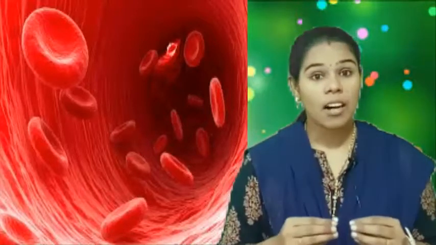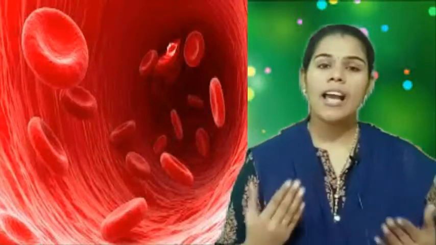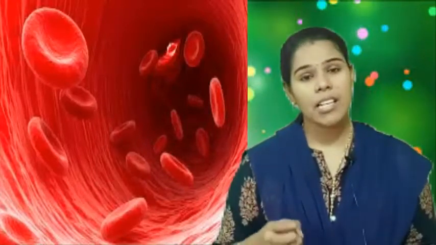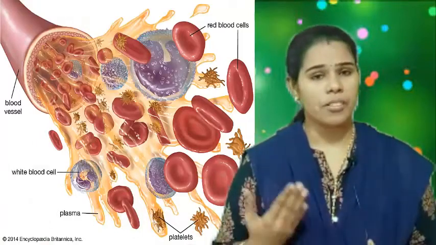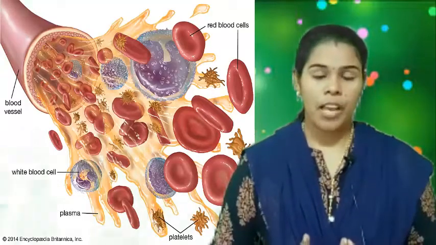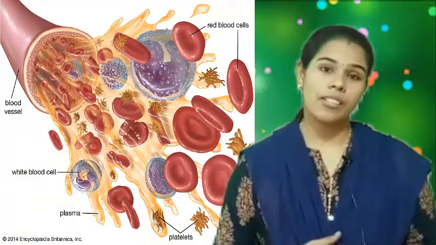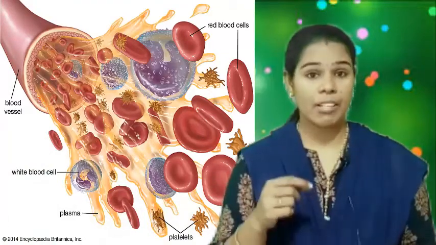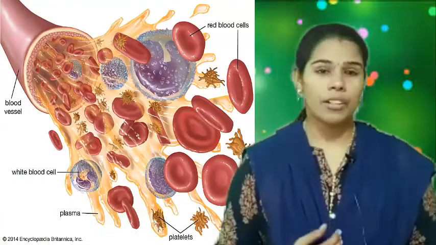This matrix may be a jelly-like substance, or fluid, or dense or rigid. According to the function of the connective tissue, the texture or the nature of the matrix may change.